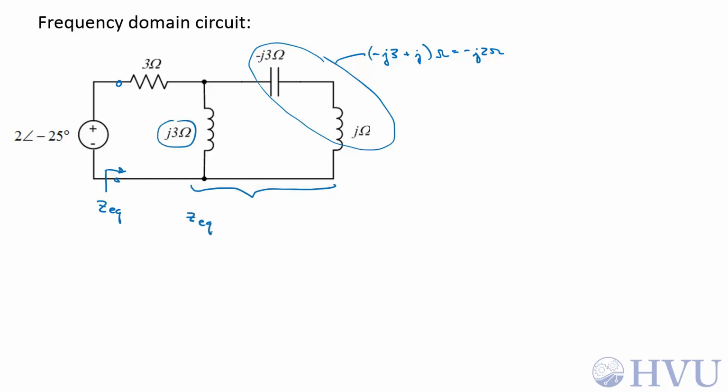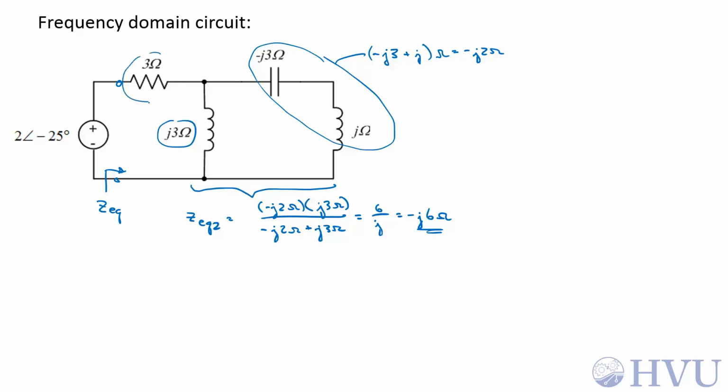So this equivalent impedance, ZEQ2, is going to be the product of the 2, minus J2 ohms times J3 ohms, over the sum of the 2, minus J2 ohms plus J3 ohms. Let's see, this is going to be 6 over J. If I move J into the numerator, that changes the sign, so this is going to be minus J6 ohms.